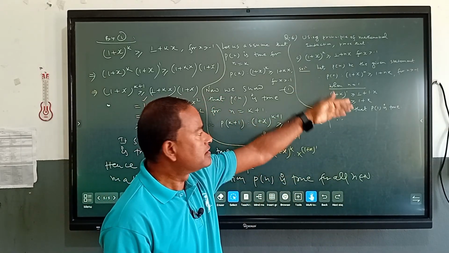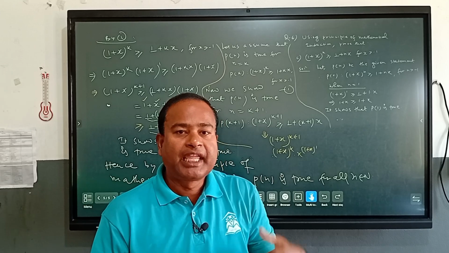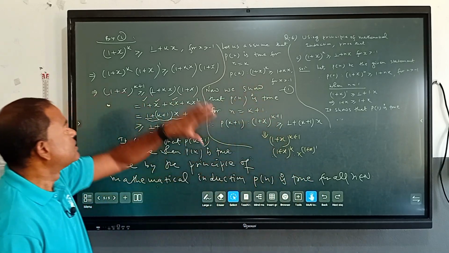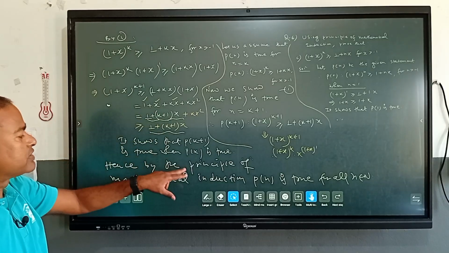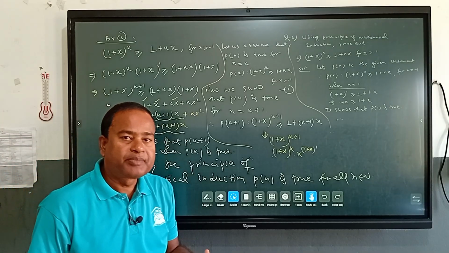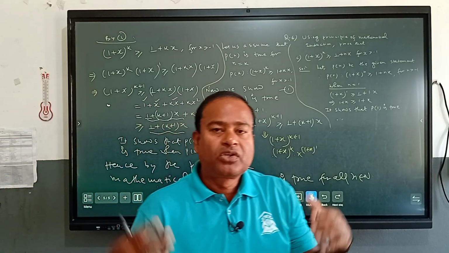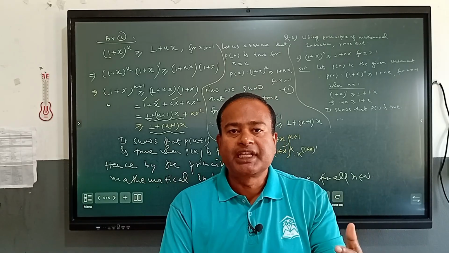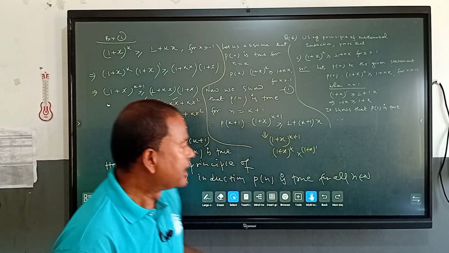Then by assuming that the given statement is true for n equals k, we have proved that the given statement is also true for n equals k plus 1. Hence, by the principle of mathematical induction, we can say that the given statement is true for all the natural numbers n belonging to N.